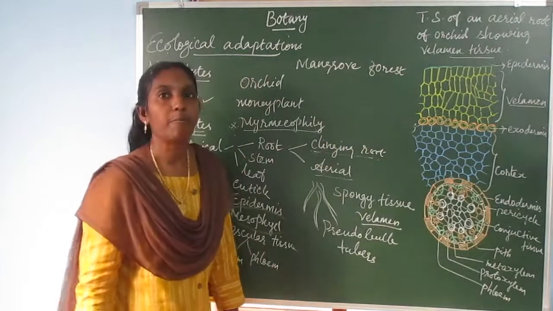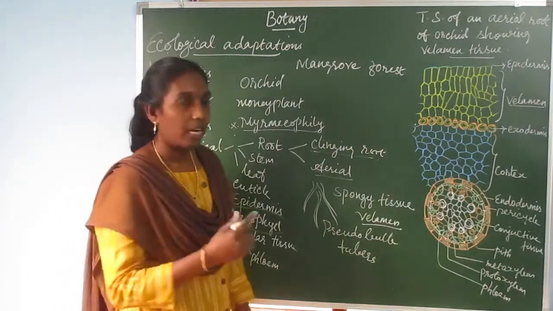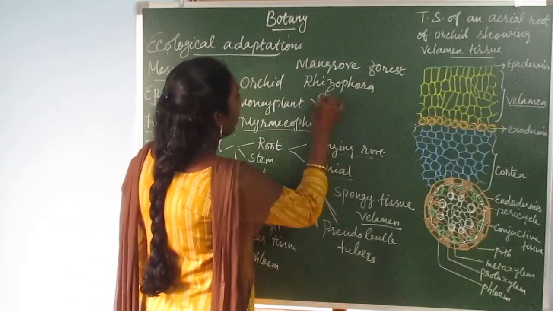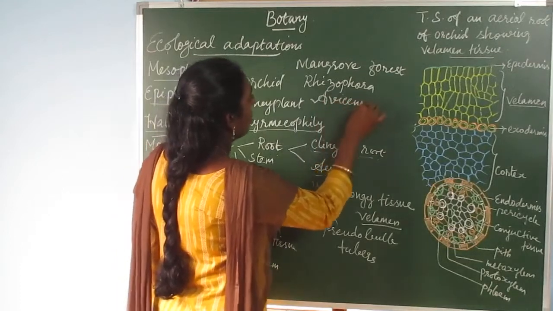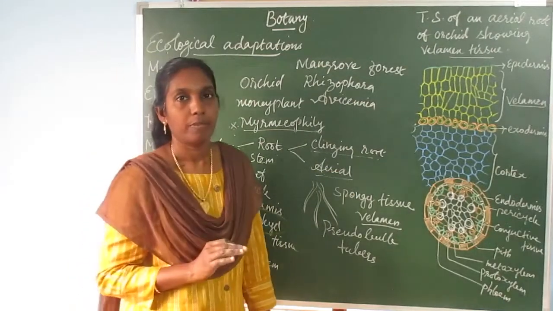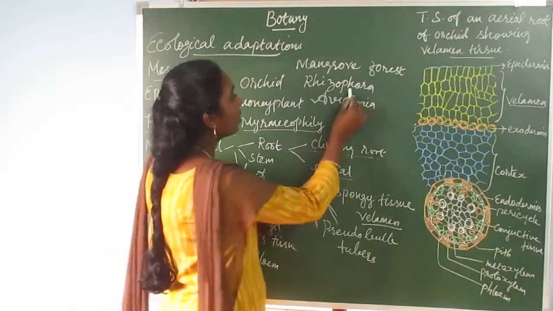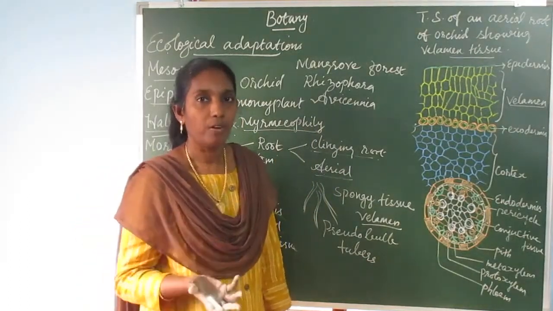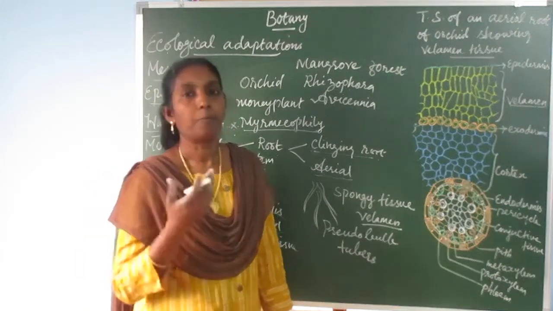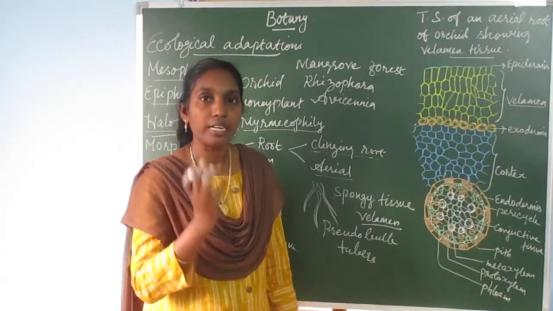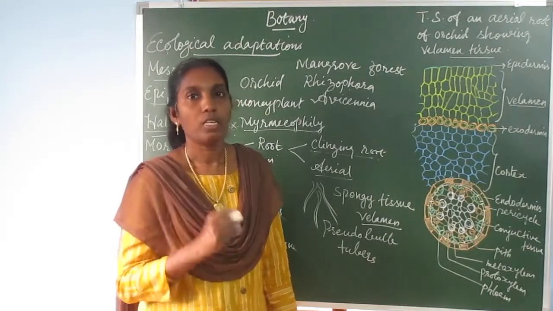The examples of mangrove plants are Rhizophora and Avicennia, or they are called halophytes. Halophyte plants grow in soil which is rich in salt.